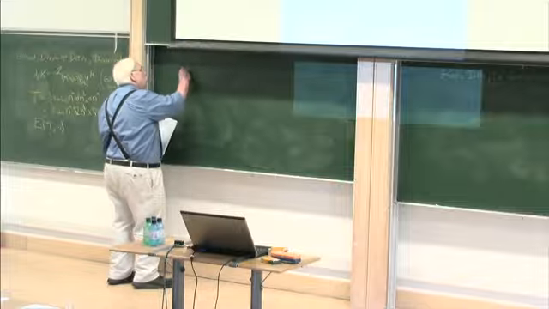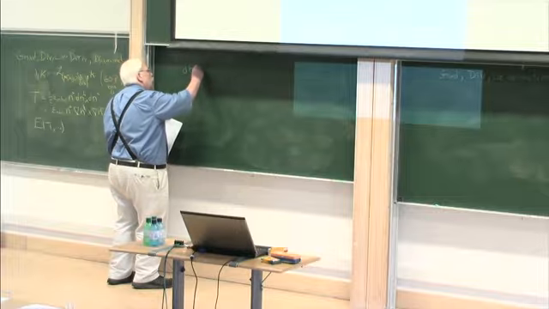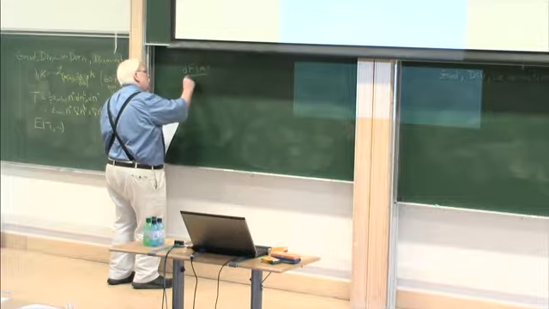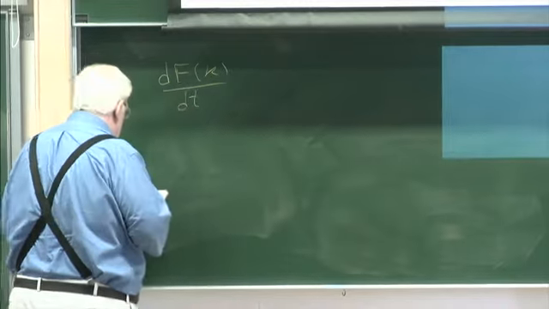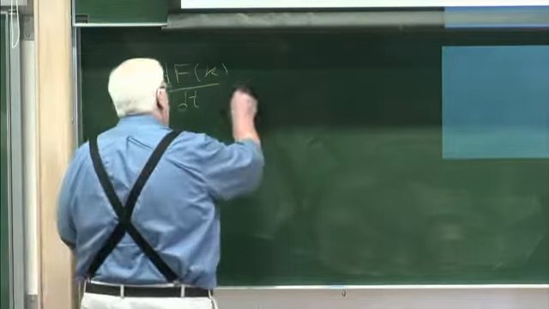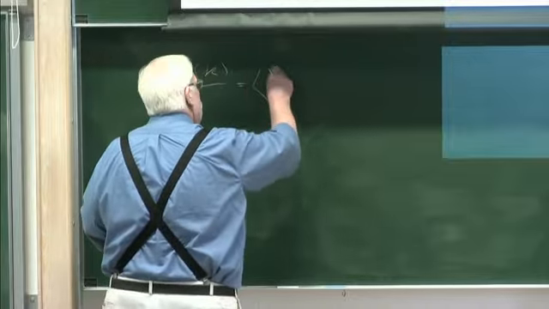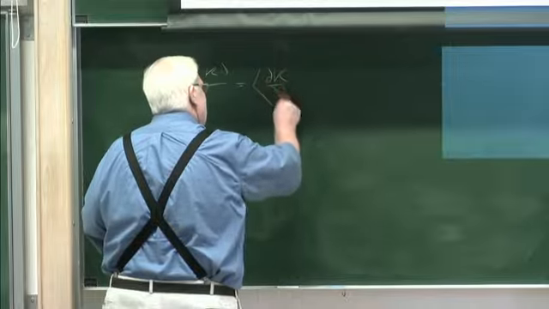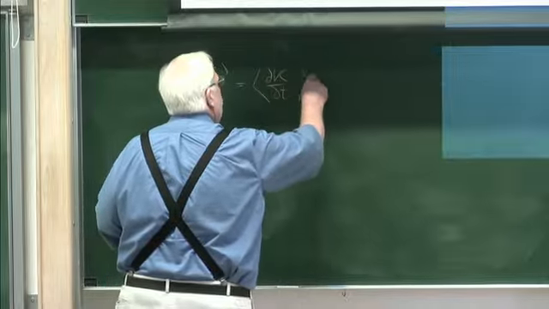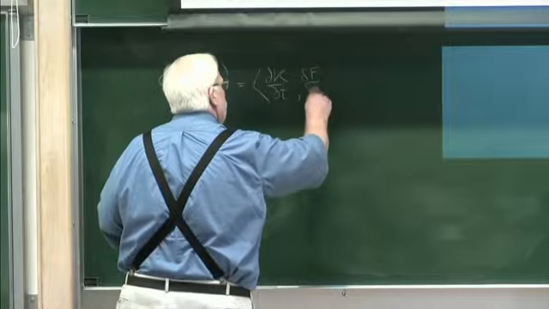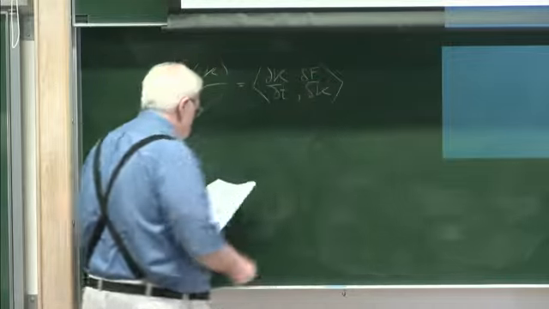Suppose you have some functional f of kappa, and you ask for its time derivative. Okay, well, you know that that's equal to partial kappa partial t times delta f delta kappa, right?